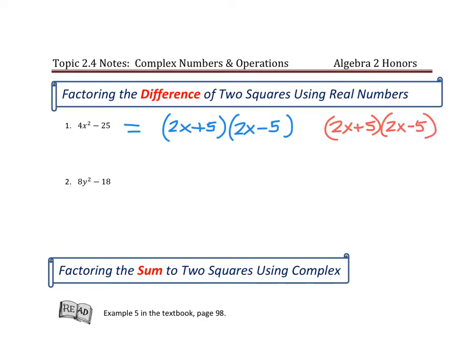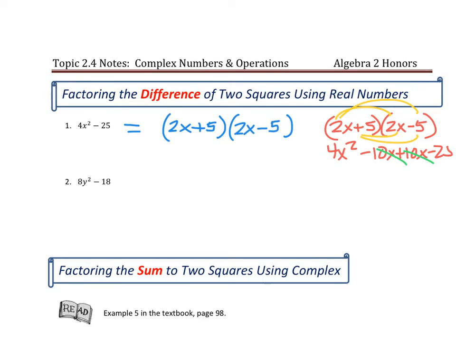There's no imaginary numbers here. I'm going to go ahead and distribute everything just to show you that middle term will cancel. We've got 4x squared minus 10x plus 10x minus 25. And we can see that these middle terms are going to reduce to 0.